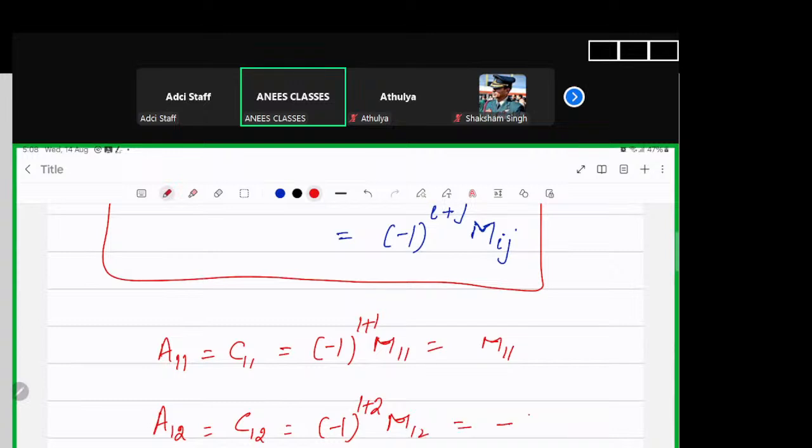So you will get the negative of M12. Here the value will be the same, but the sign will be reversed. Understood? Yes, sir. That means when the subscript sum is odd, the cofactor will be minus times the minor, and when the subscript sum is even, the cofactor is equal to the minor. Understood, everyone? Yes, sir.